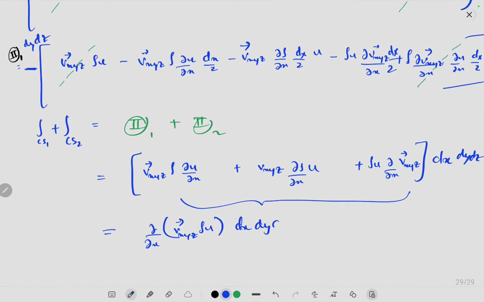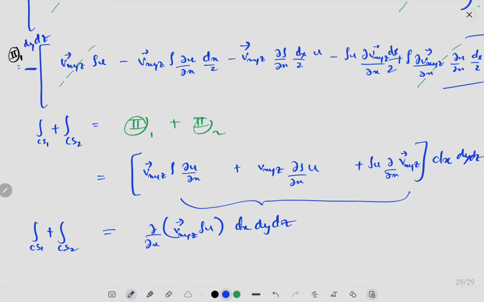So this was simply the sum of the integral over two control surfaces.